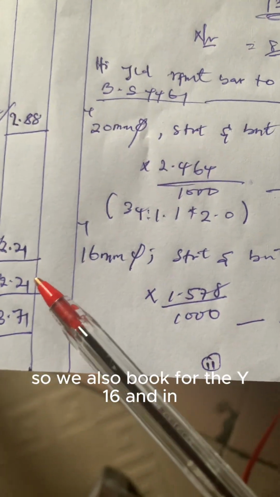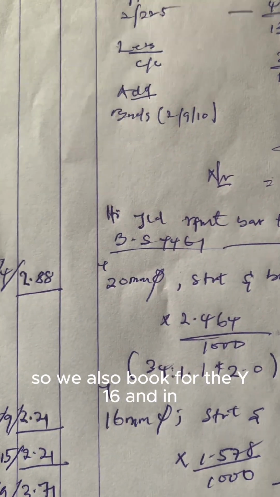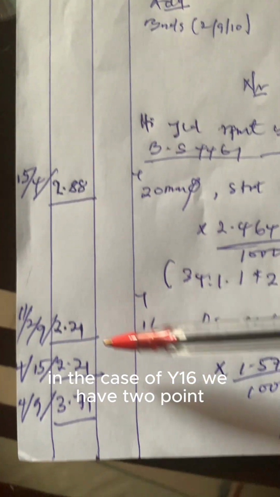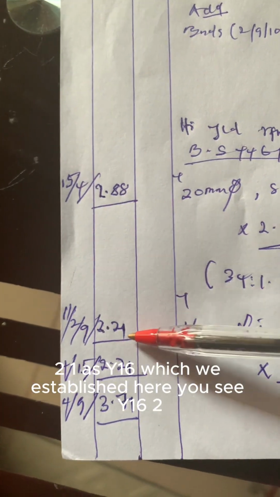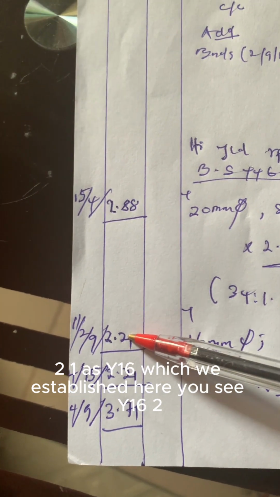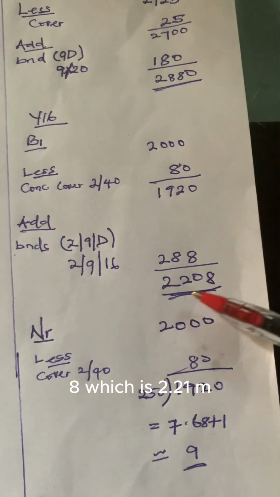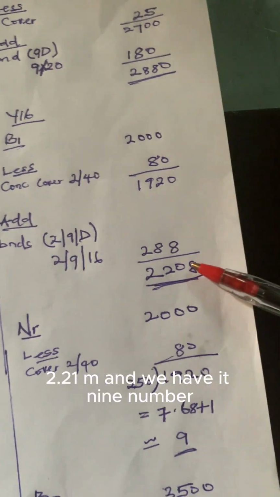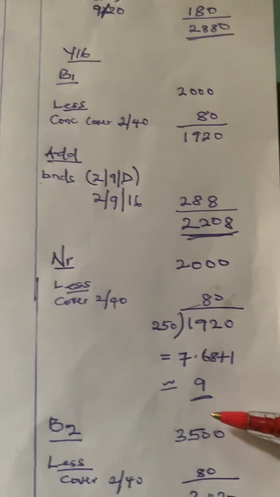So we also book for the Y16, and in the case of Y16 we have 2.21, which we established here. You see Y16, 2208, which is 2.21 meter, and we have it 9 number.